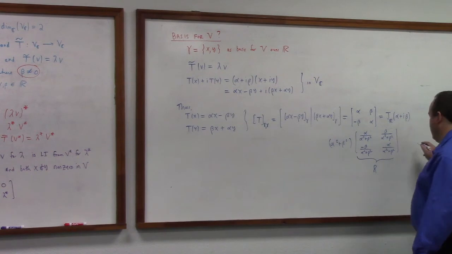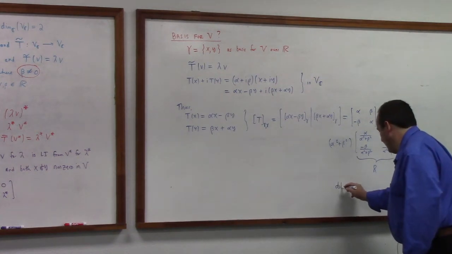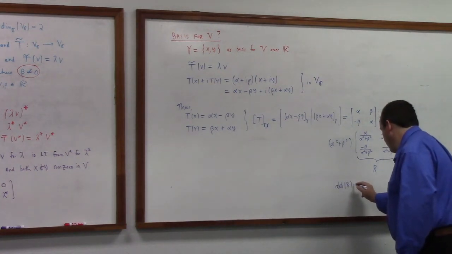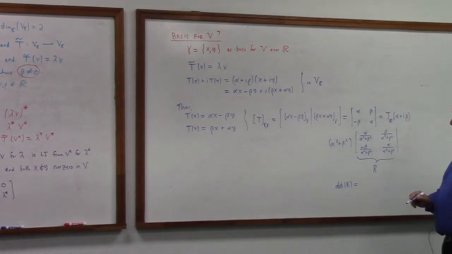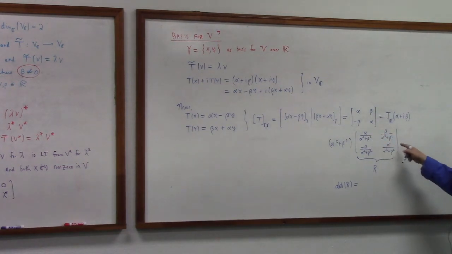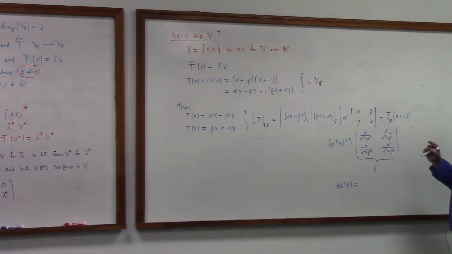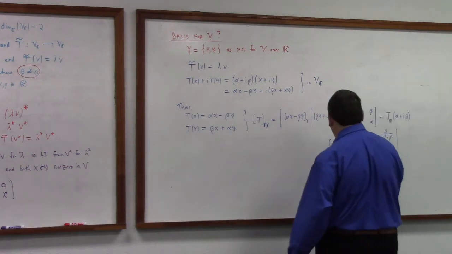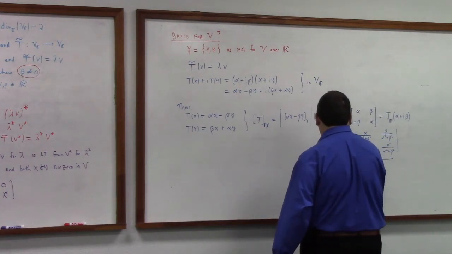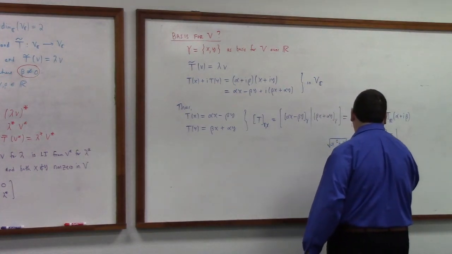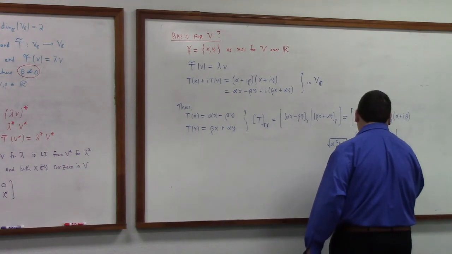And if you calculate the determinant of that matrix R, I did it wrong, so I need a square root. A square root here, and a square root there, a square root everywhere. There we go.